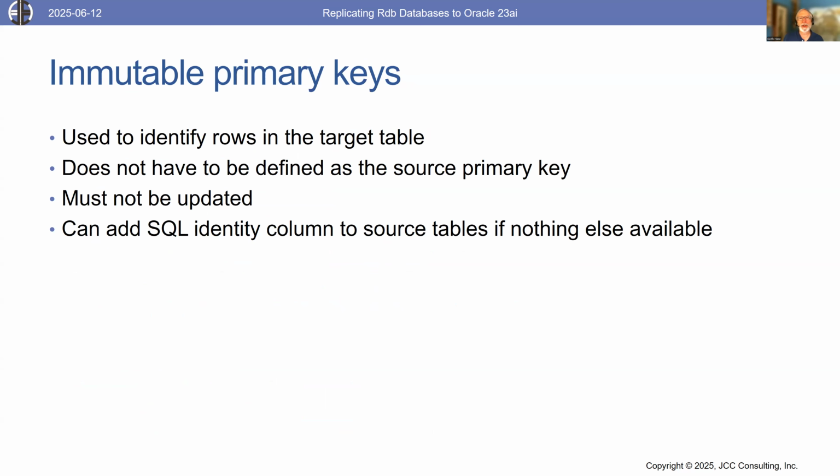In the configuration files that we're going to generate and look at here, we use the primary key to identify the rows that we're going to update in the target database. And if that changes in the source database, we only get the after image change of that, and so we can't do a one-for-one replication if you're changing the primary keys.